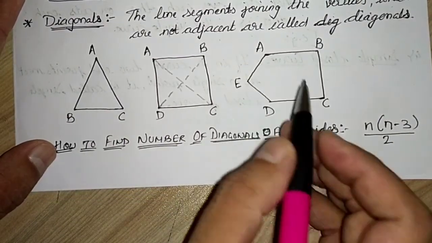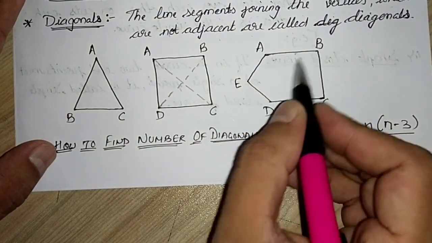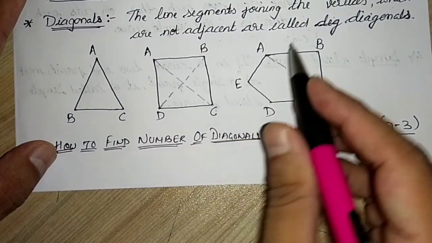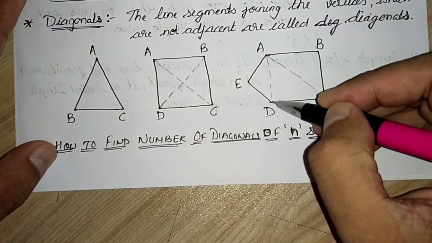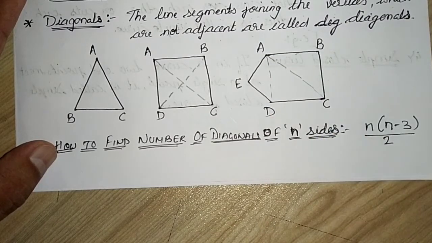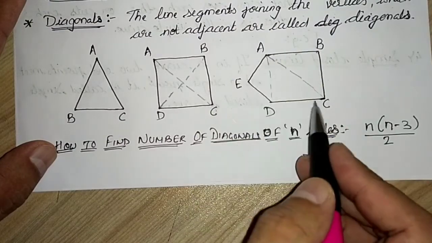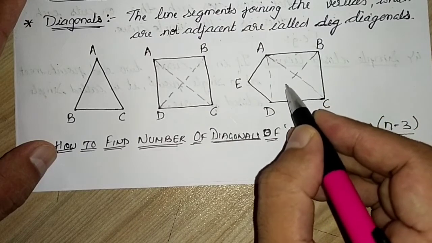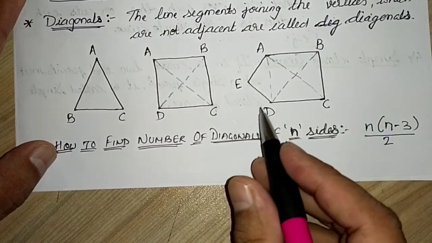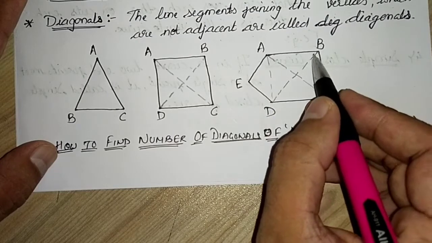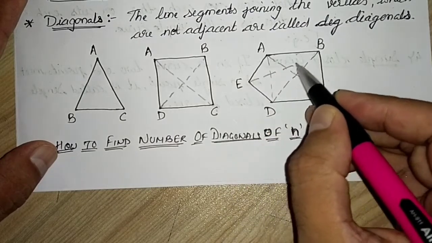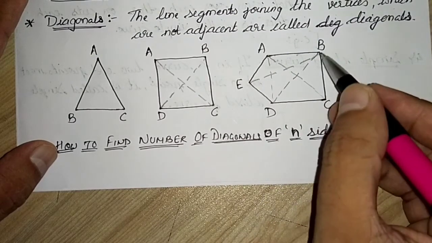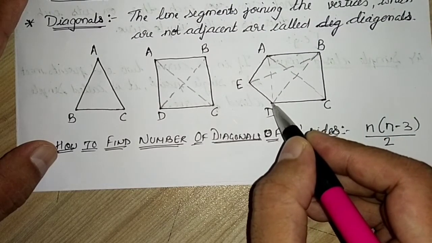For the pentagon, for A, B and E are adjacent. So C and D are not adjacent. So we can join C and D. AC and AD are diagonals. Similarly for B, A and C are adjacent vertices. So line segment BD, sorry, I have not taken a scale. BD and BE are the diagonals. Similarly for C, B and D are its adjacent vertices.